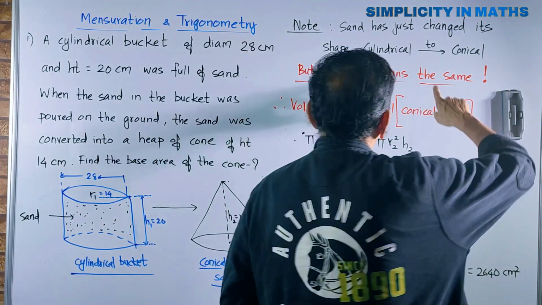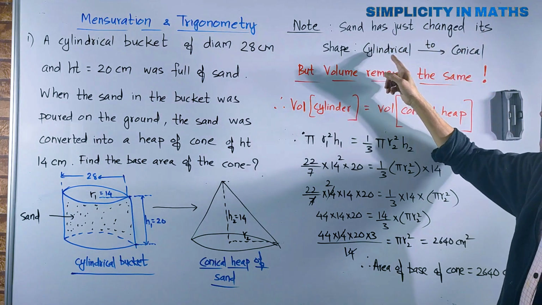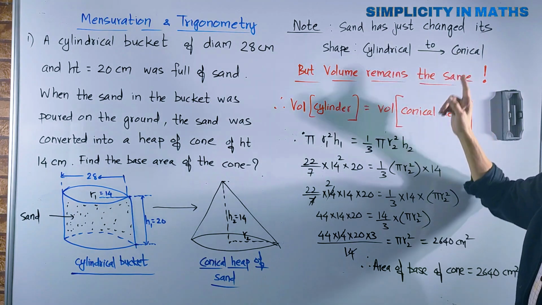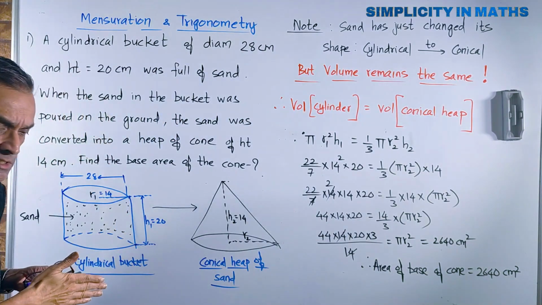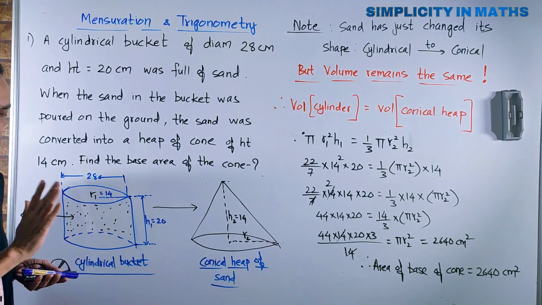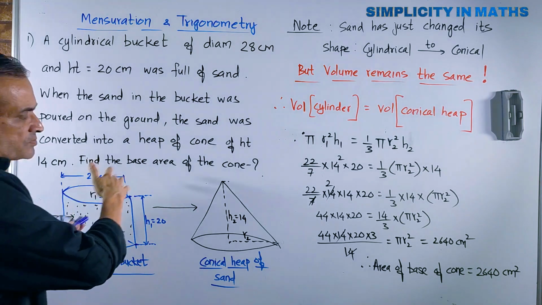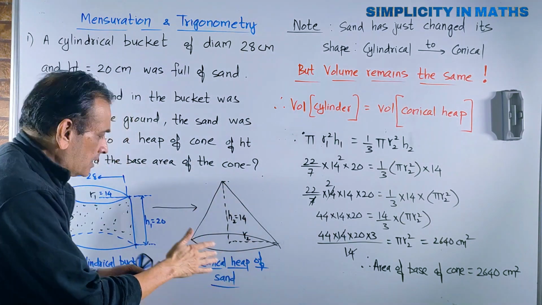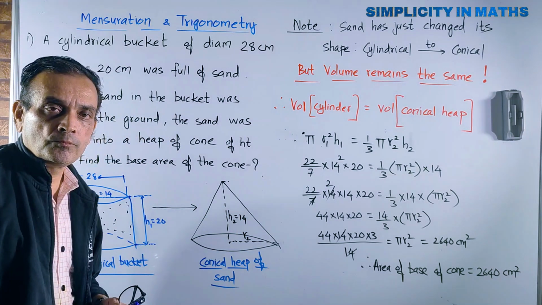Now comes the important point. Sand has just changed its shape, cylindrical to cone. Simple. When it was in the cylindrical bucket, sand was in the shape of cylinder. When it was poured on the ground, cylindrical shape got converted into cone.